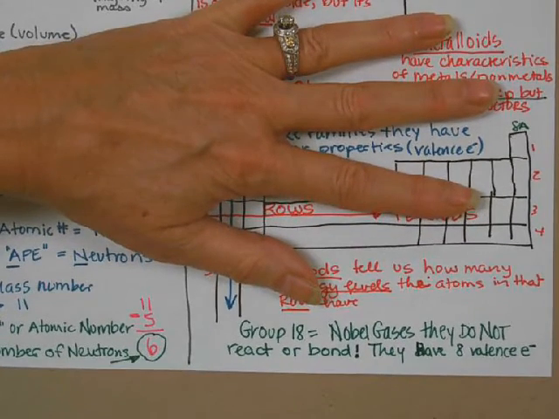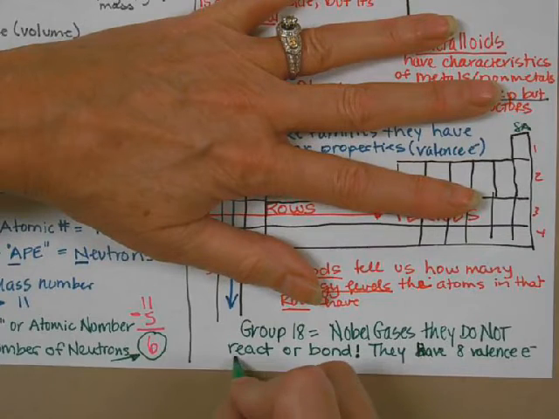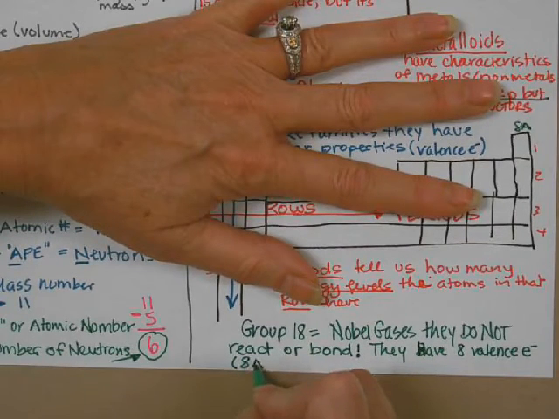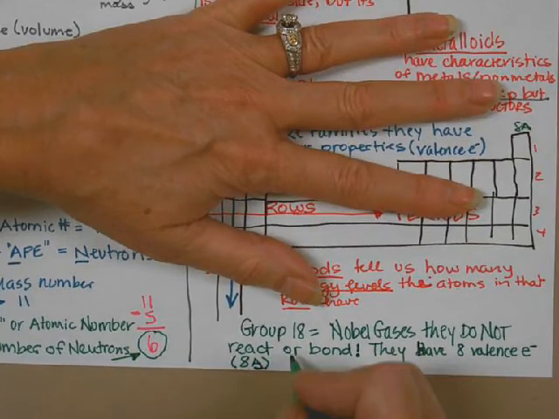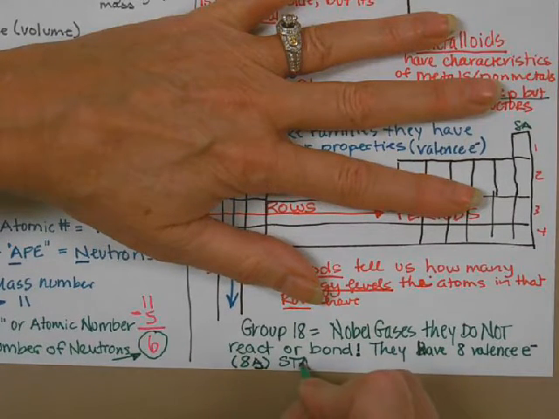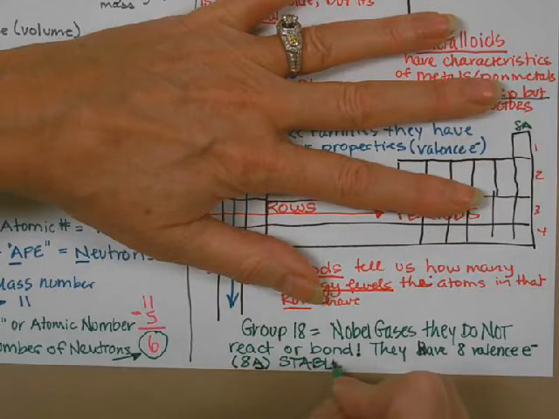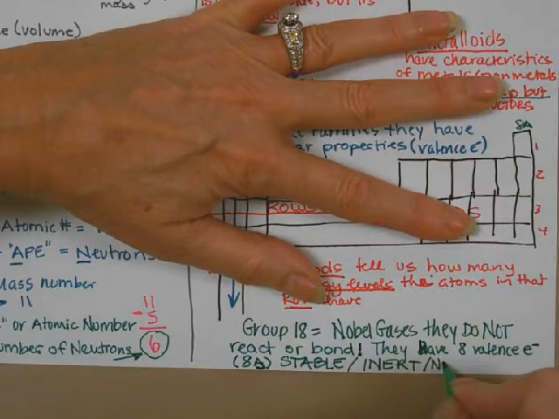Remember, 8 is great. And we know they have 8 because they are in column 18 and have 8A. 8A means valence electrons. That tells you how many, the A number. So they are stable, or inert is another word for stable, remember? Meaning they're non-reactive.